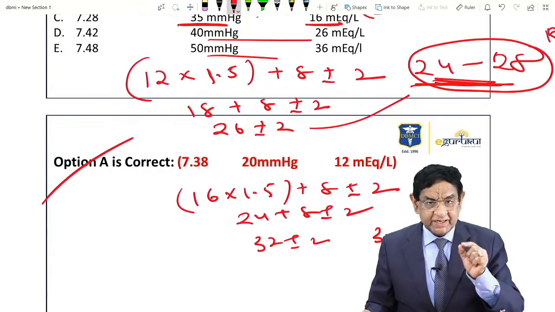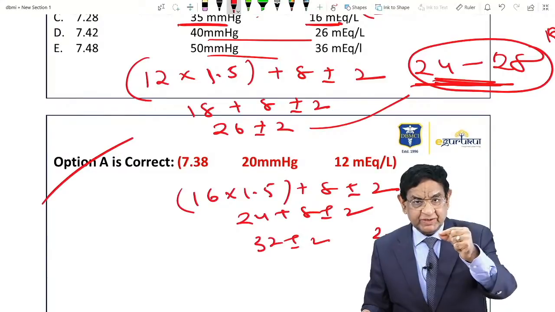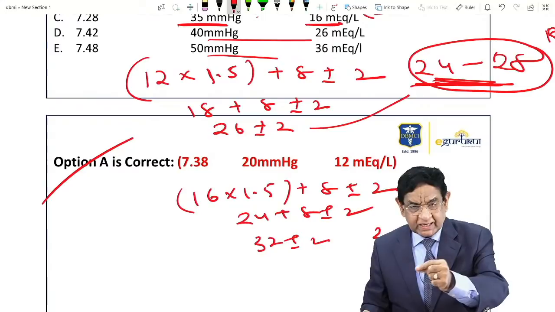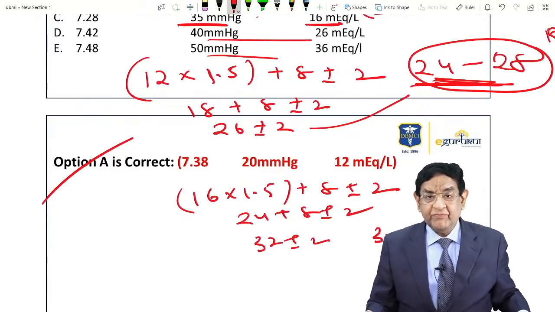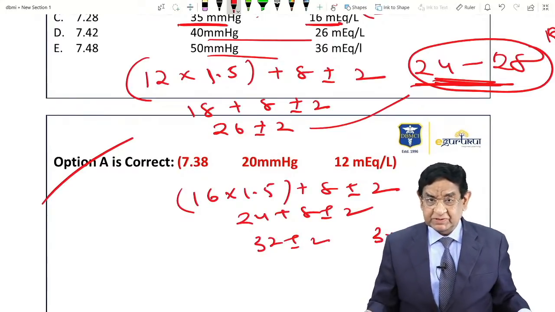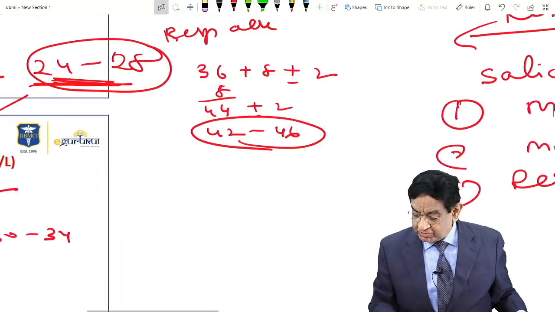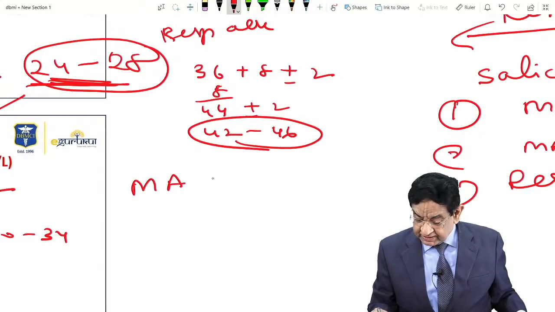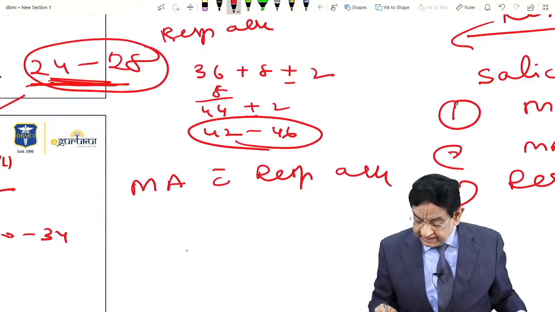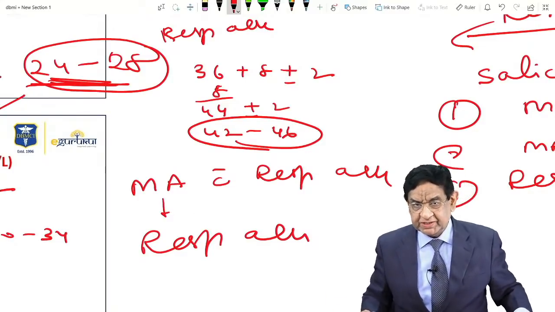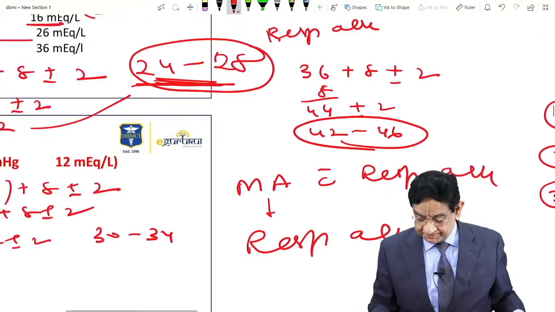But if you know the salicylate poisoning sequence, metabolic acidosis, then acidosis with alkalosis, and finally respiratory alkalosis, it is in the border zone of metabolic acidosis with respiratory alkalosis, about to enter the next step of respiratory alkalosis. Hence, this is the best answer.